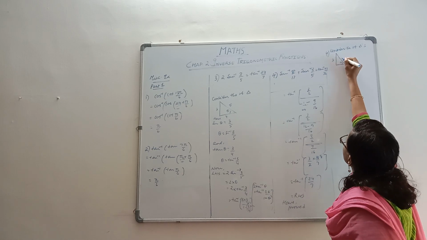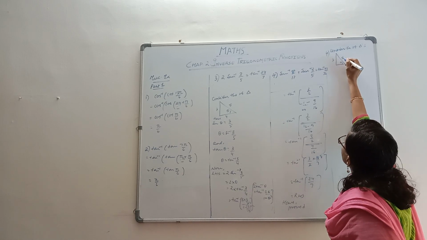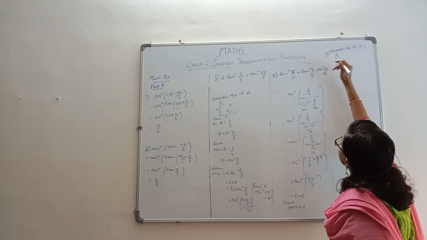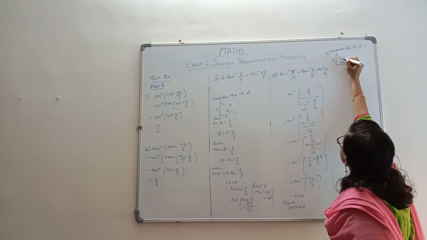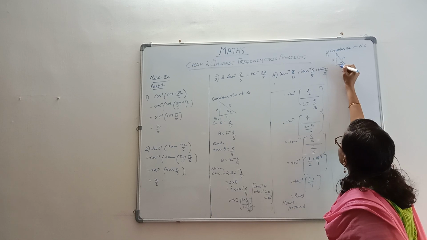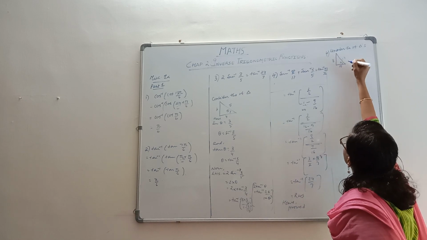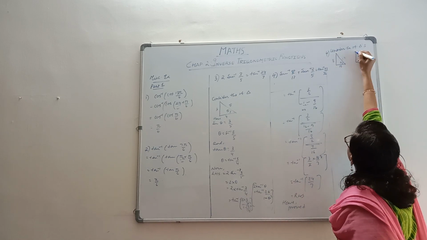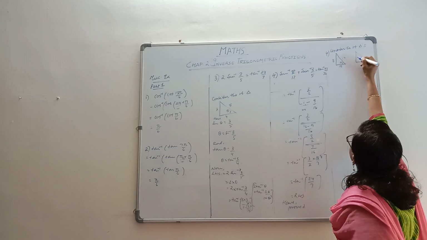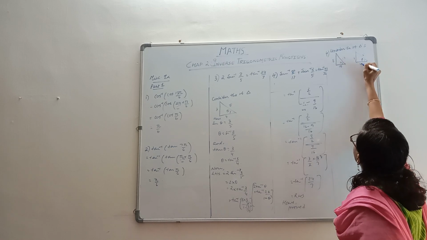The first one is 8 and 17, so the other side should be 15. And the other is 3, 5, 4.